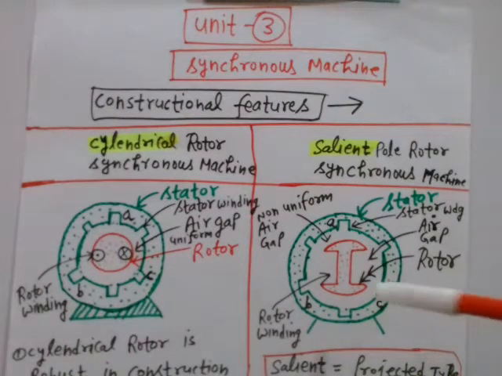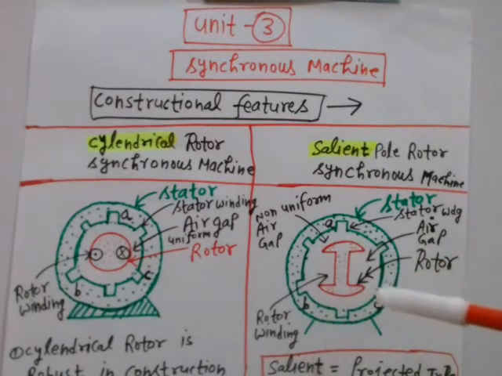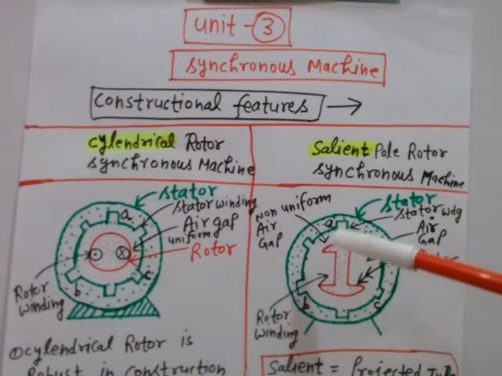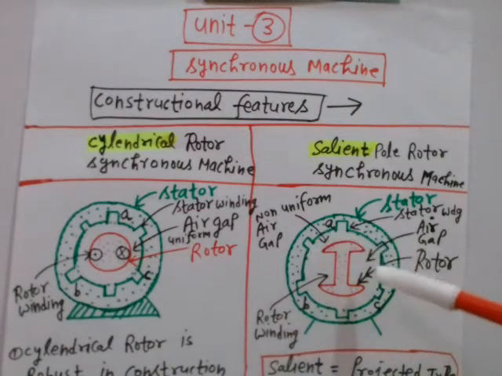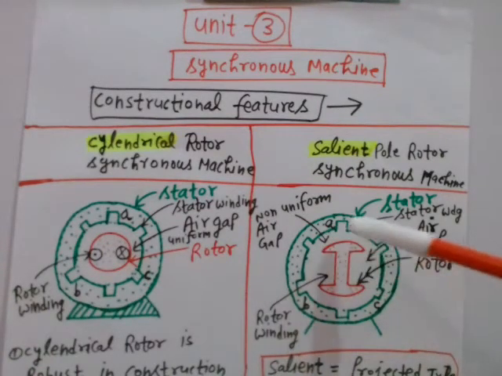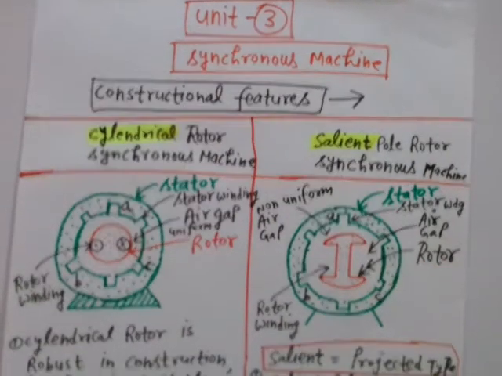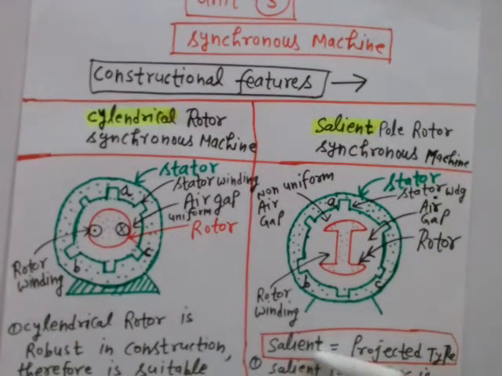While in the salient pole rotor, the rotor structure is not cylindrical. It is salient pole. The word salient means projected type structure.